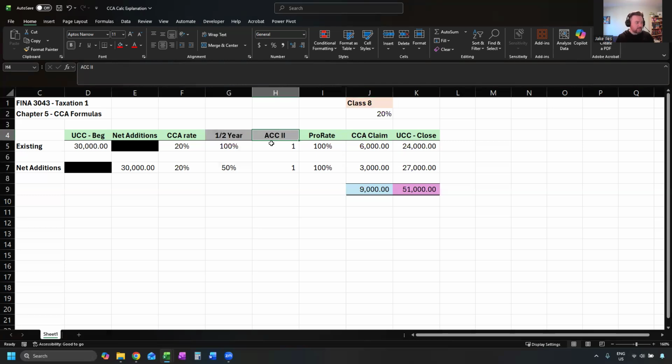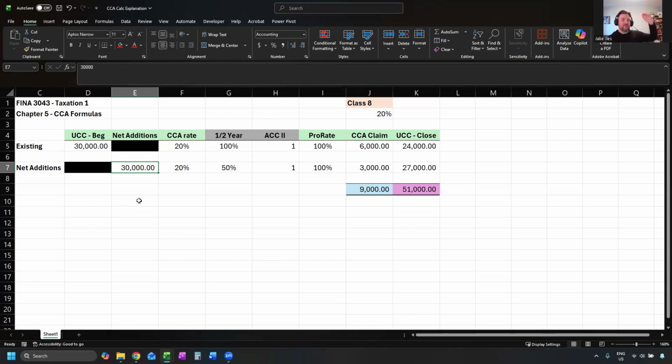I think where students get thrown off are these two columns, the half year and the accelerated incentive. These columns come up when you have new assets in a given year. New assets weren't purchased on the first day of the year. They were purchased sometime from the beginning to the end. So on average, the CRA expects that an asset was purchased about halfway through the year.